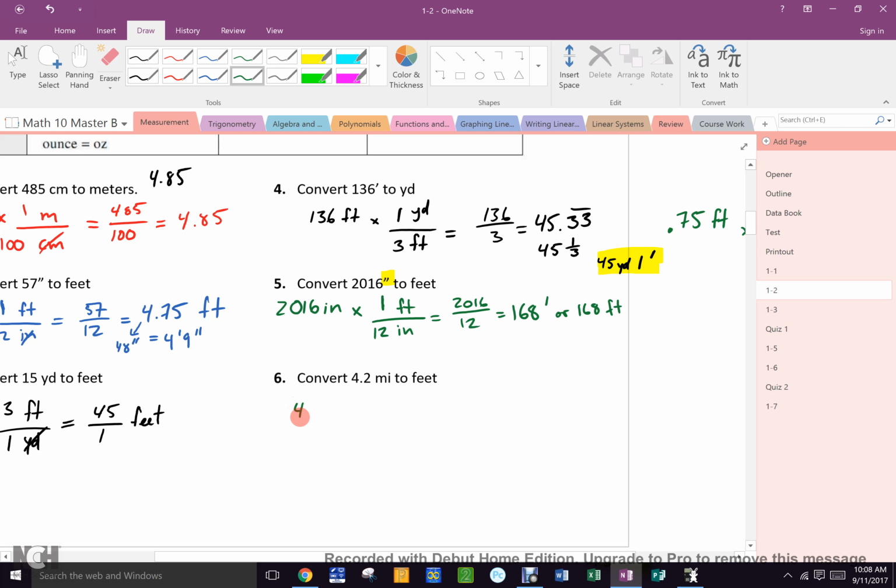So we start with 4.2 miles, because that's not our final answer, is it? We wouldn't leave a decimal in our final answer, right? So, and I want feet. So what goes on top? Feet. What goes on the bottom? Miles. And I look on my chart. What goes in the numbers? The mile is 1. And what goes in for feet?